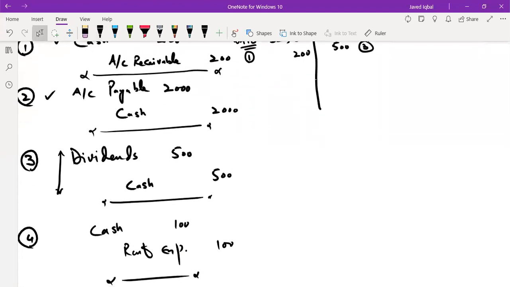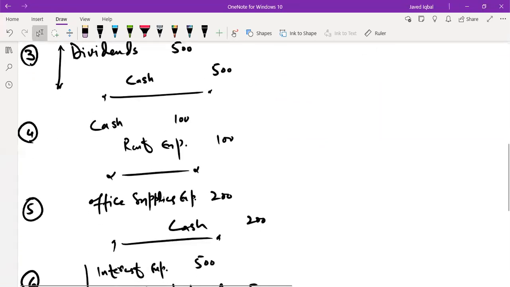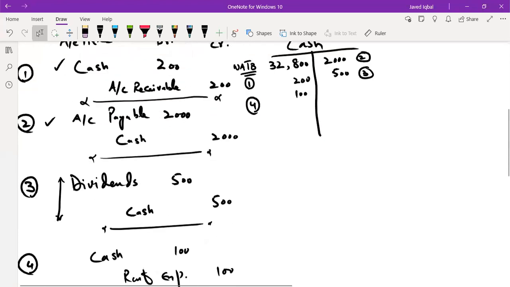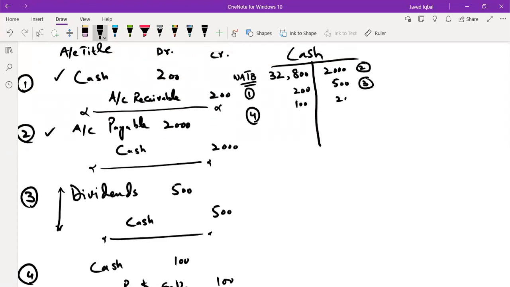We received cash of 100 in transaction number 4. We have paid 200 in number 5 as well, so 200 credited in number 5.